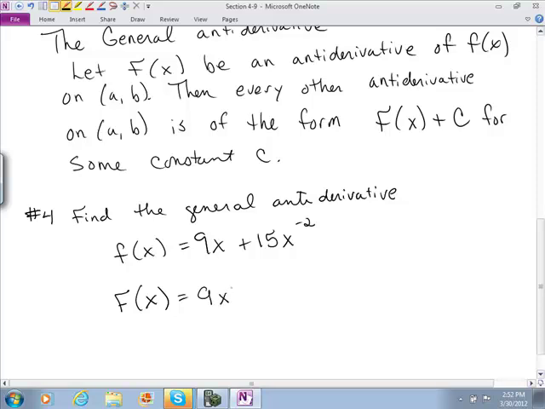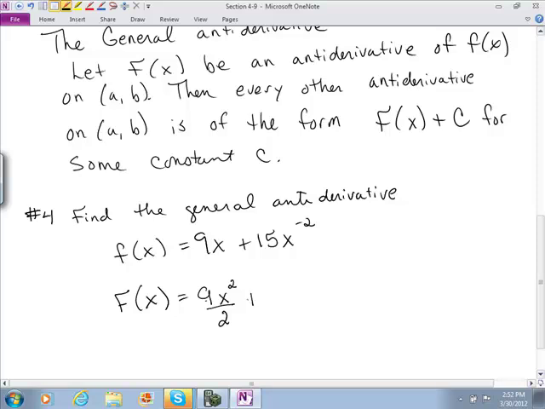To get just x in your derivative, you would need to have an x squared originally. So you know the 2 would come in front, but that would be 9 times 2, which would be bad because we just want 9x. So if we divide by 2, then when we take the derivative of 9x squared divided by 2, it does in fact equal 9x. Okay, so that part's good.